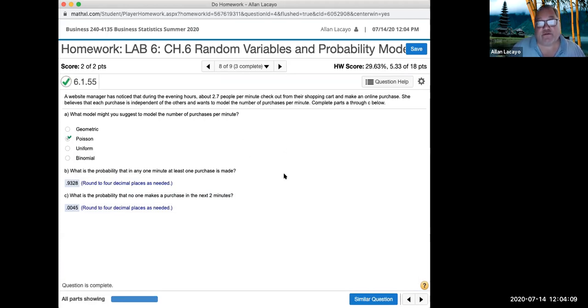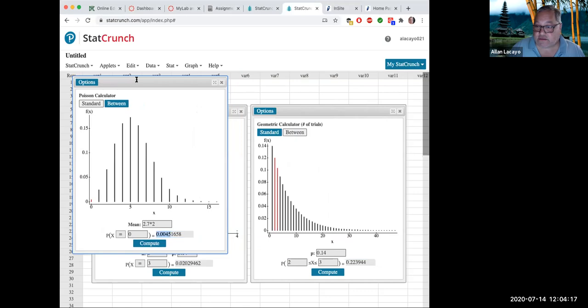And so that's how we use StatCrunch to calculate a geometric probability model, where all we need is the probability of a success, and then we can use standard calculations that have one direction, either on the greater or less than side, that either include or don't include the limits, or two calculations that have a lower and an upper boundary of counts, measuring how many tries until the first time something happens.